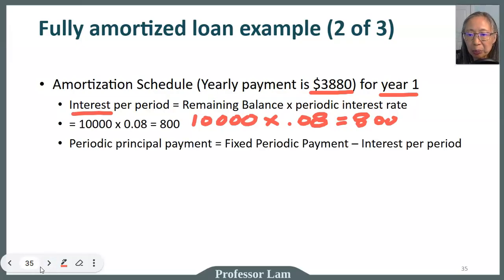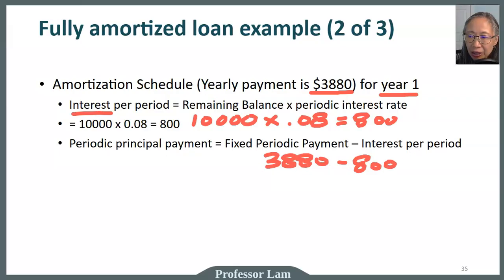Next, we're going to look at principal. We pay $3,880, that's our payment, and out of that, $800 is considered interest. So we're going to subtract that. The remaining $3,080 is considered principal.